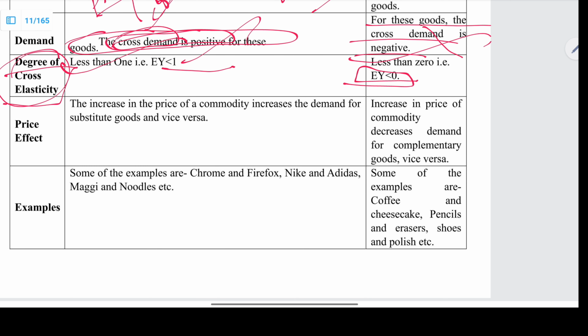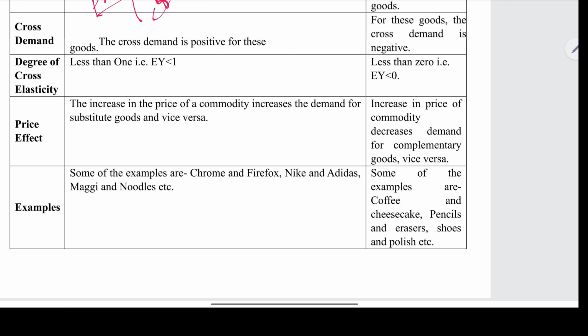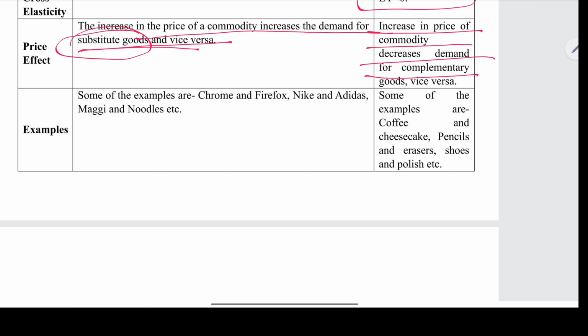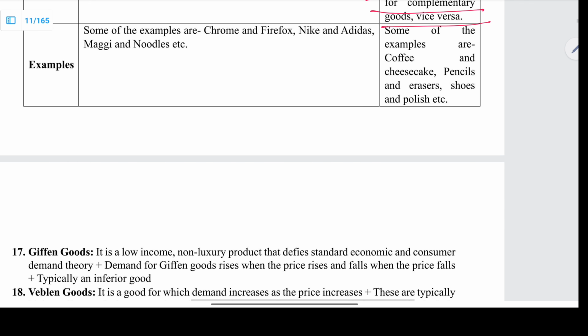We say that the cross demand is positive for substitutes and negative for complementary goods, with elasticity less than 0. The increase in the price of a commodity increases the demand for the substitute goods and vice versa, while it decreases the demand for the complementary goods.